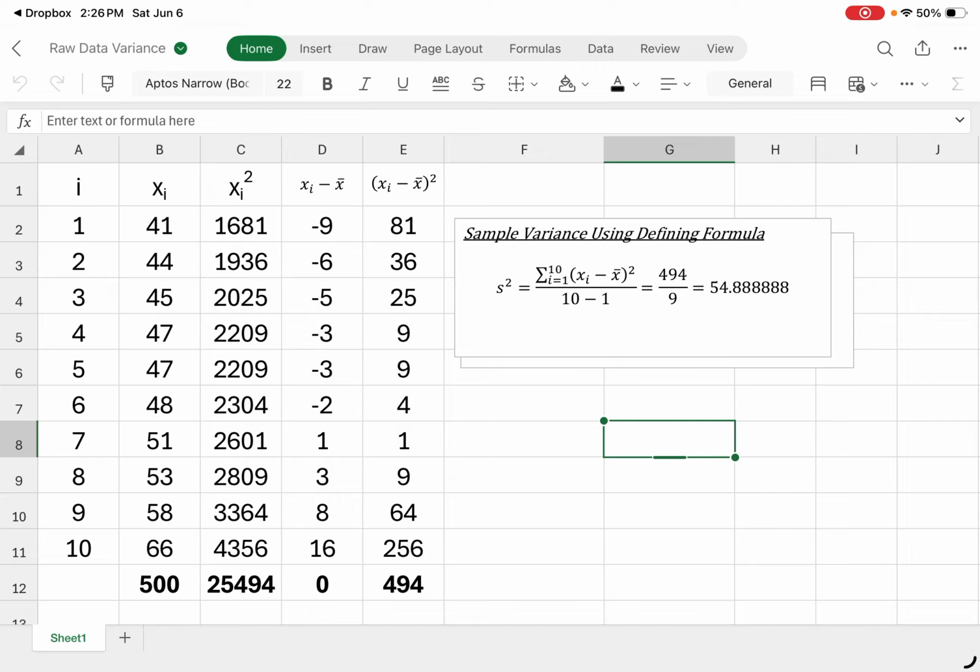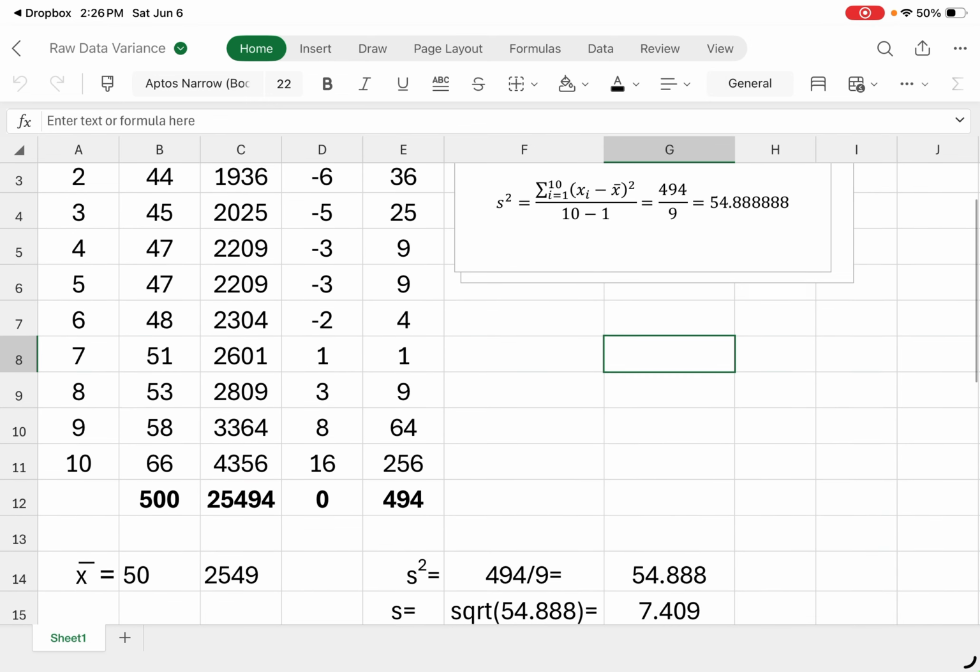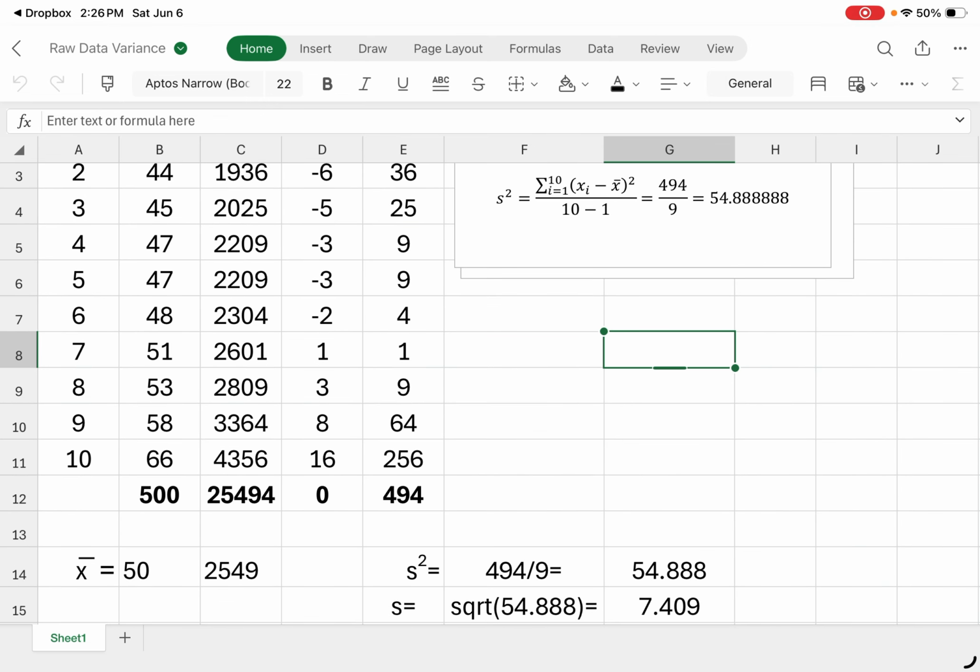And then in column D, we take each data value and subtract x bar. Now remember the sample mean: to get that, we take the sum of the data, which would be the sum of column B, and notice we have that as 500, and then divide that by the number of data values, which here is 10, and so clearly 500 divided by 10 is 50, and that gives us our x bar.